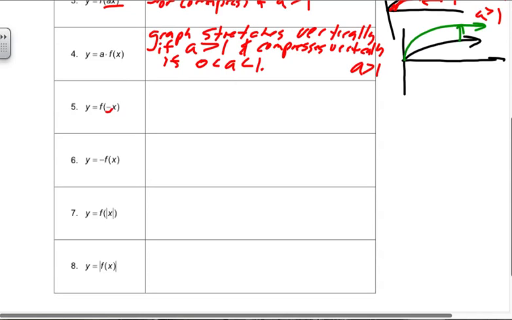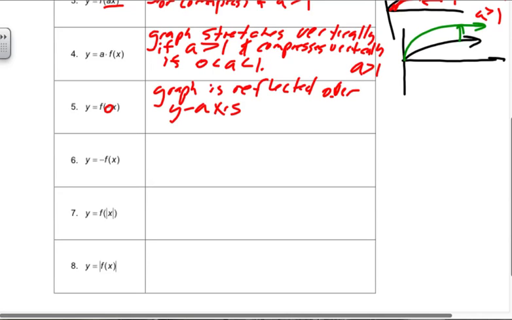You notice my negative is inside here. When it's inside, the graph is reflected over the y-axis.